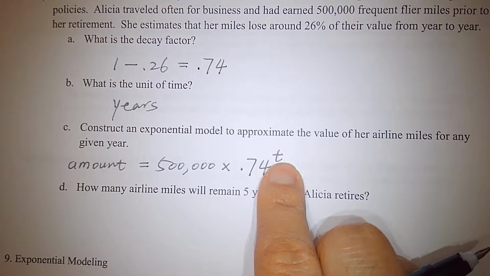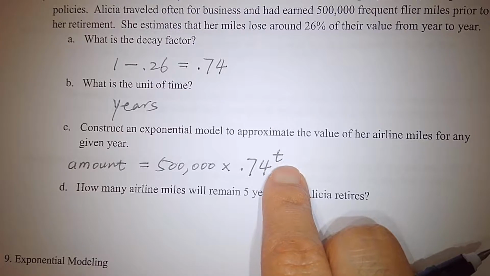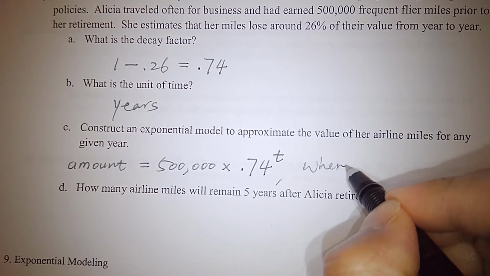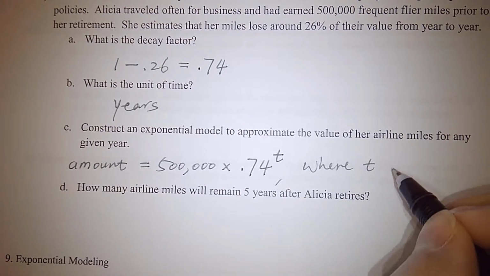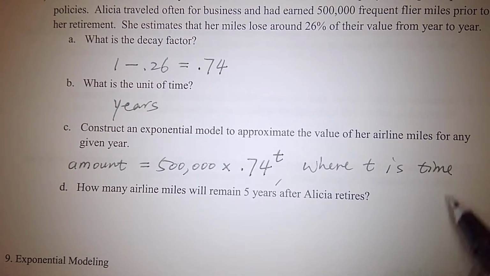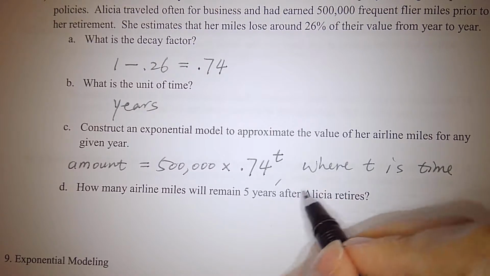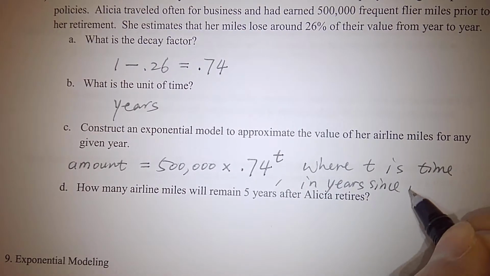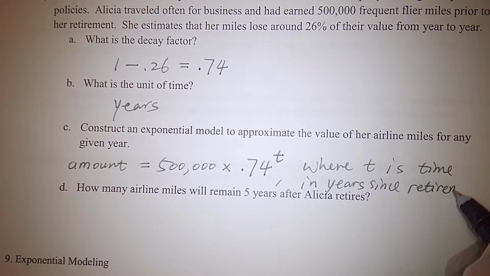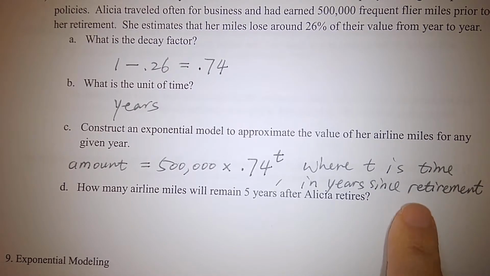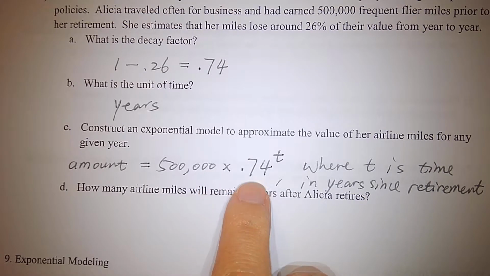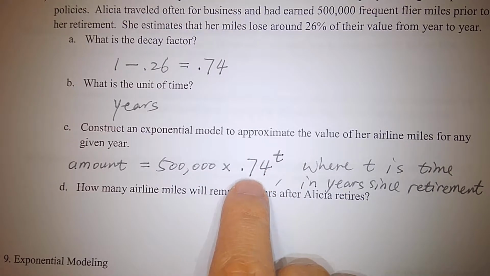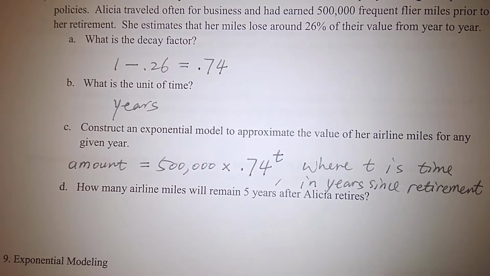Here, t is the time in years since retirement. After each year, it's 26% less, so it will be 74% of the previous year's amount.